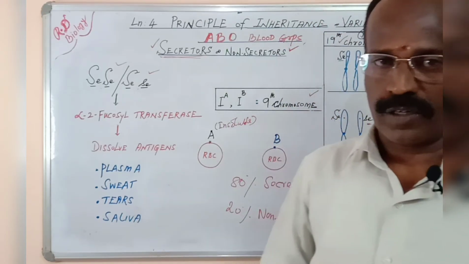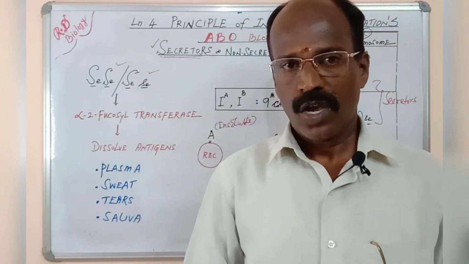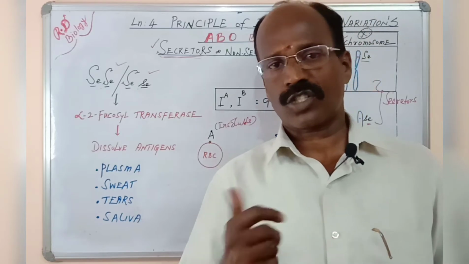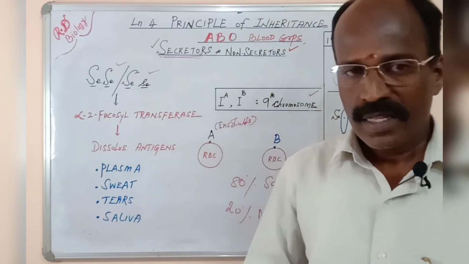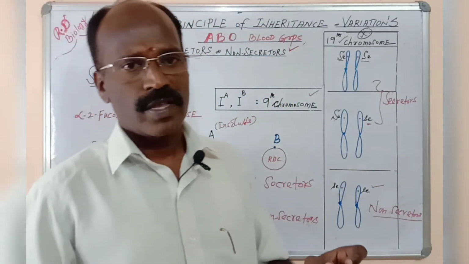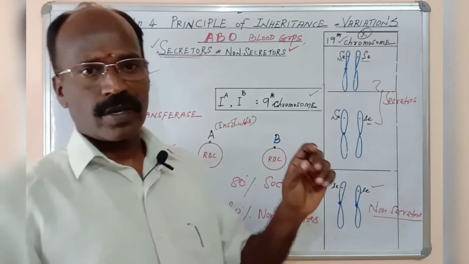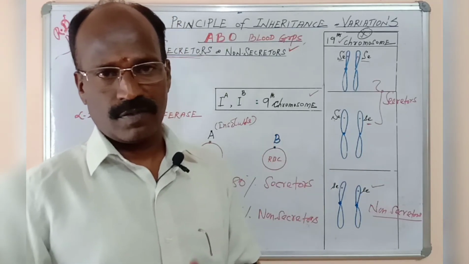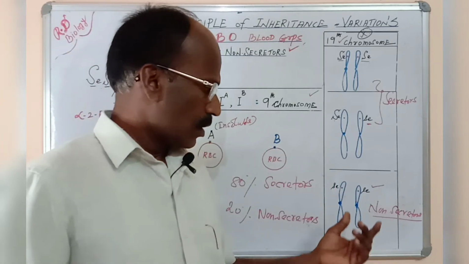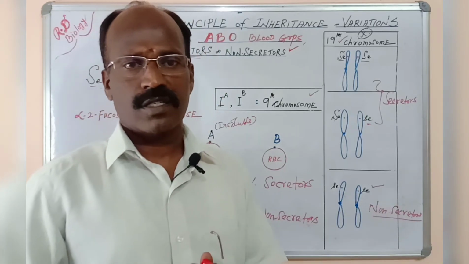Now, you may ask a question: why for some people is the insoluble antigen made soluble, and why for non-secretors is it not? This question naturally comes to our mind. The reason is, when people have homozygous dominant or heterozygous dominant alleles, they secrete alpha 2 fucosyltransferase, whereas those who have homozygous recessive alleles cannot encode and synthesize alpha 2 fucosyltransferase.